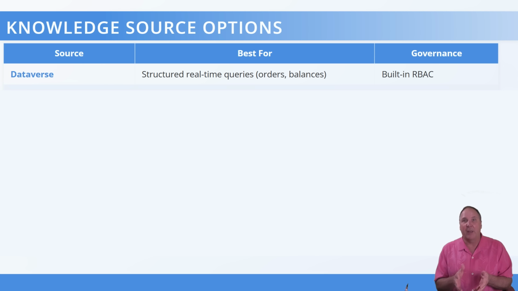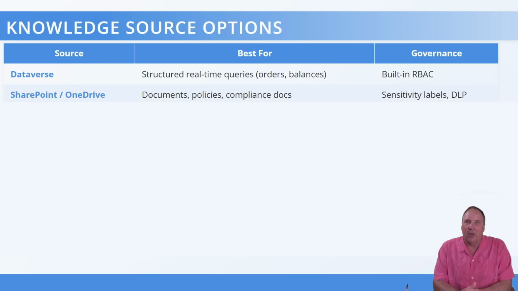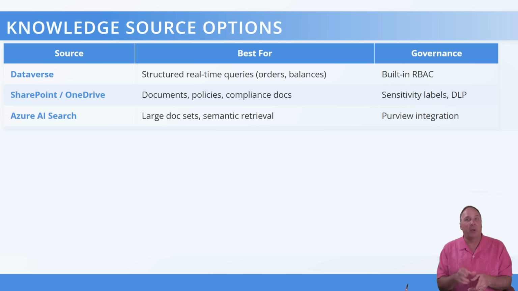For structured real-time data like customer records, order status, or account balances, use Dataverse. It has built-in role access control. For unstructured documents like policies, procedures, and guides, use SharePoint combined with Azure AI Search. Azure AI Search supports both vector search for semantic similarity and keyword search for exact matches.